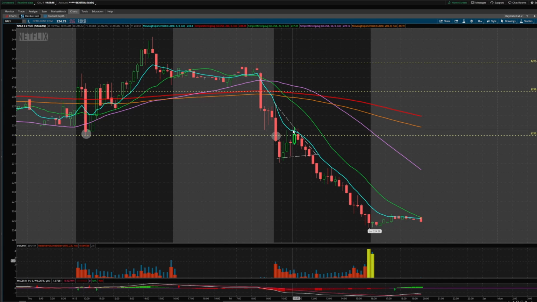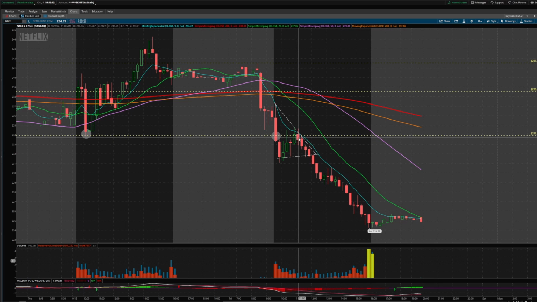But let me go right into the next point where I alerted Netflix, which was the best entry. It was right at the 15-minute 9 rejection, combined with the retest of the previous day low. You have those two strong levels with two upper wick candles rejecting the 9. You know this is going to come down lower.